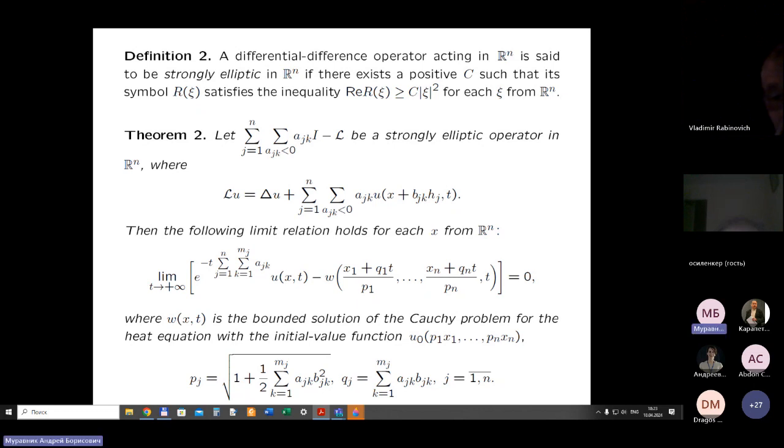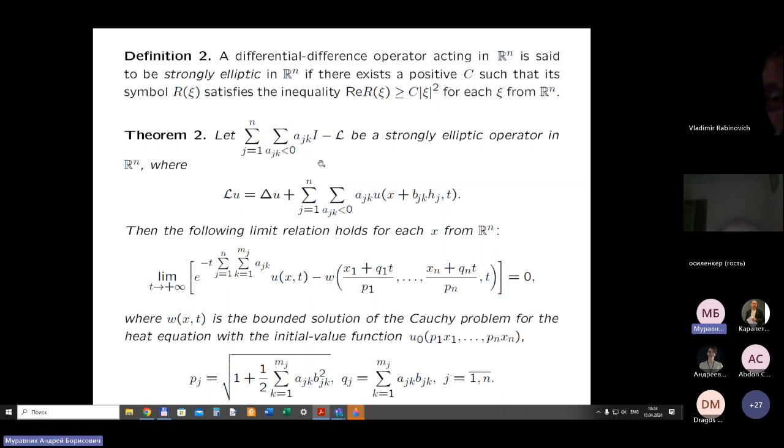Please take into account that this condition of the strong ellipticity of this operator guarantees the non-negativity of all these radicands.